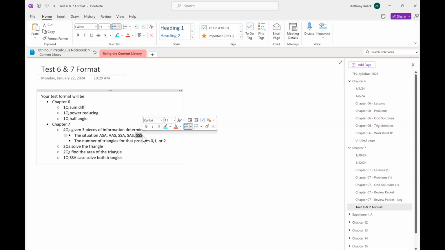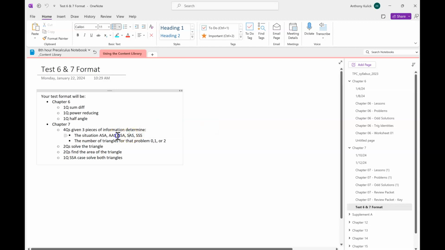Go ahead. If the 2 bases are shorter than the hypotenuse. Great, perfect. So if the sum of the 2 legs is greater than the hypotenuse, we have 1 triangle, otherwise 0. And then the SSA case, well, that's the hard one, right?